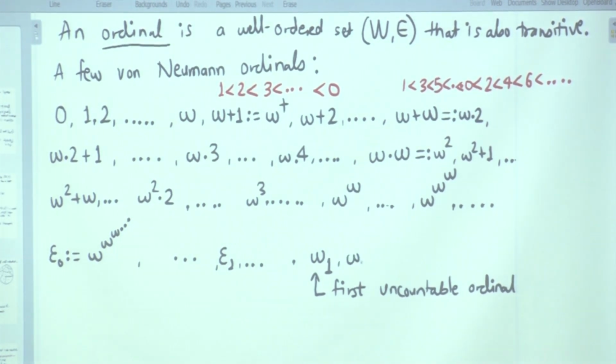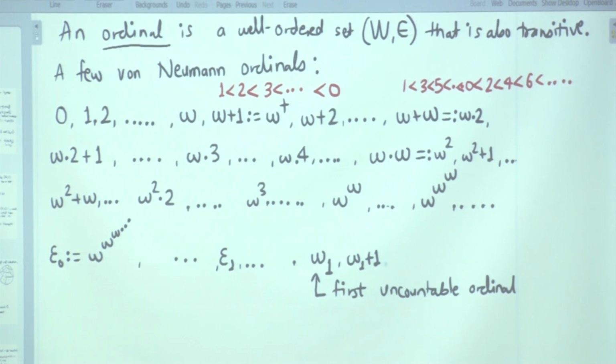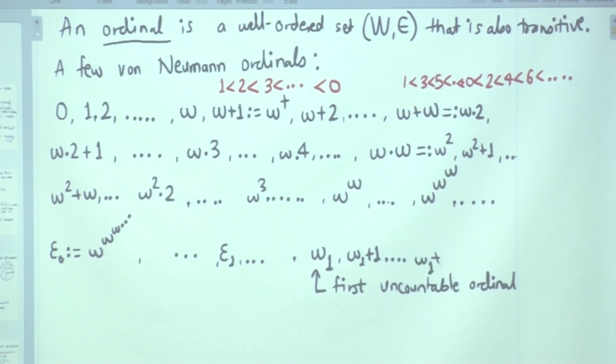Then again I can do omega 1 plus 1 and omega 1 plus omega and dot dot dot and omega 1 times 2, and everything will continue. Then eventually we will have omega 2. It is the first ordinal which is not in bijection with omega 1.